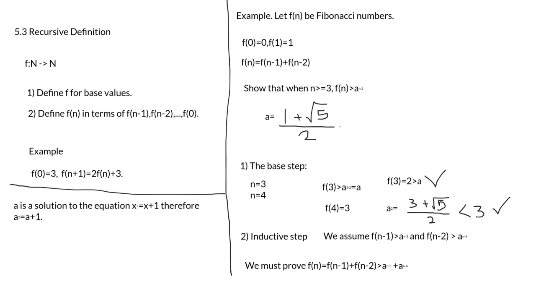Now from the relation, you just multiply this relation by a to the n minus 4, and we get the following: a to the n minus 2 is equal to a to the n minus 3 plus a to the n minus 4.